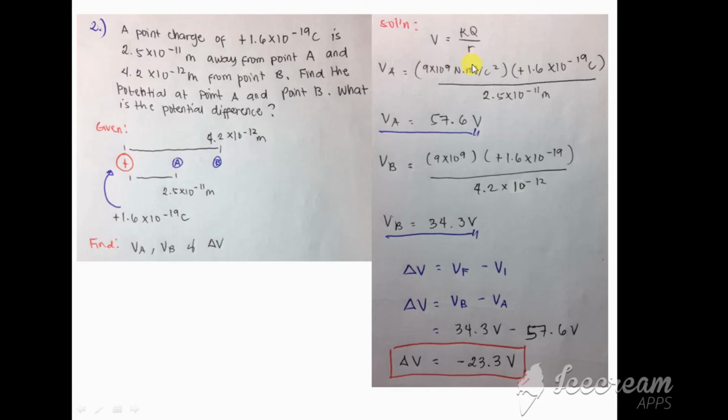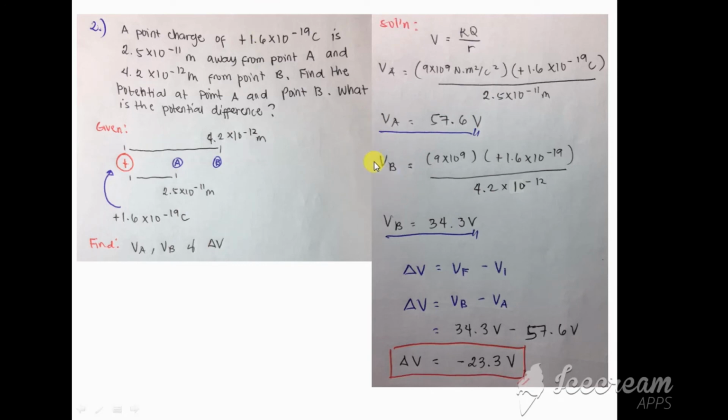So for point A, we have the Coulomb's constant times 1.6 times 10 raised to -19 Coulomb over 2.5 times 10 raised to -11 meter. So kindly check on your calculator if you get the same answer. And the final answer for this is 57.6 volts. So for potential A, it is 57.6 volts.